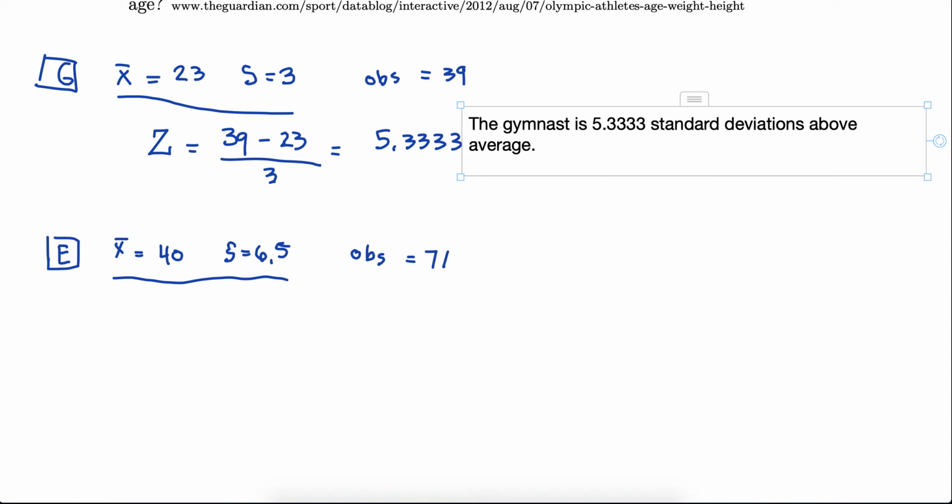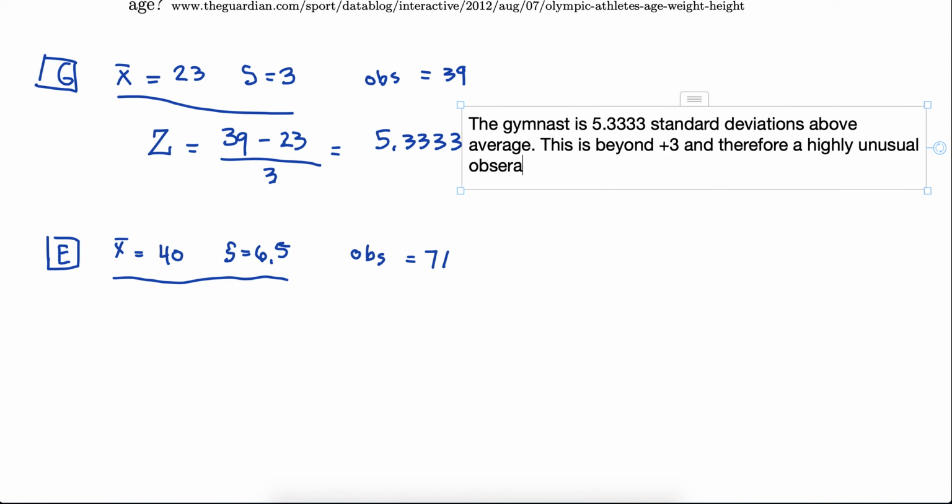Absolutely. We said anything beyond 3 standard deviations is definitely an outlier. The percentage of observations out there is very low. This is beyond +3, and therefore a highly unusual observation.